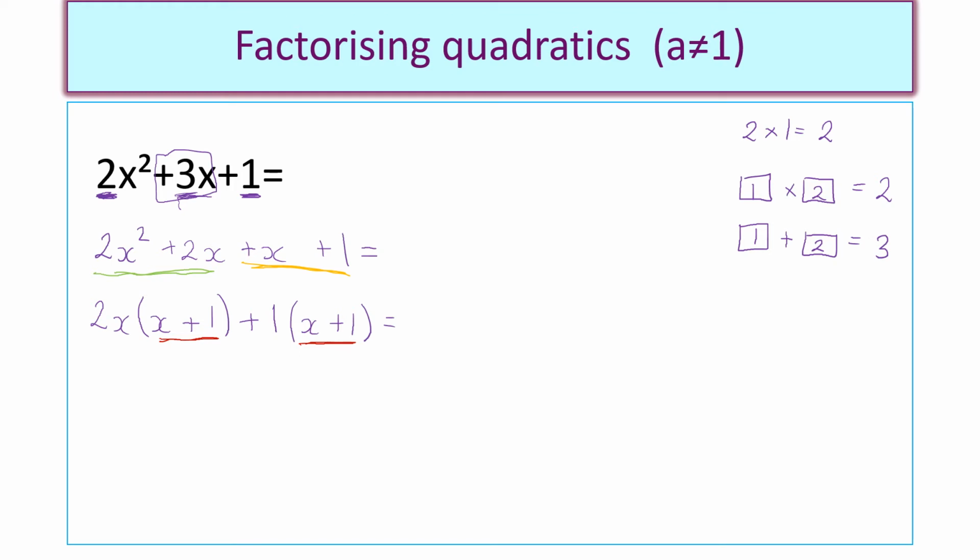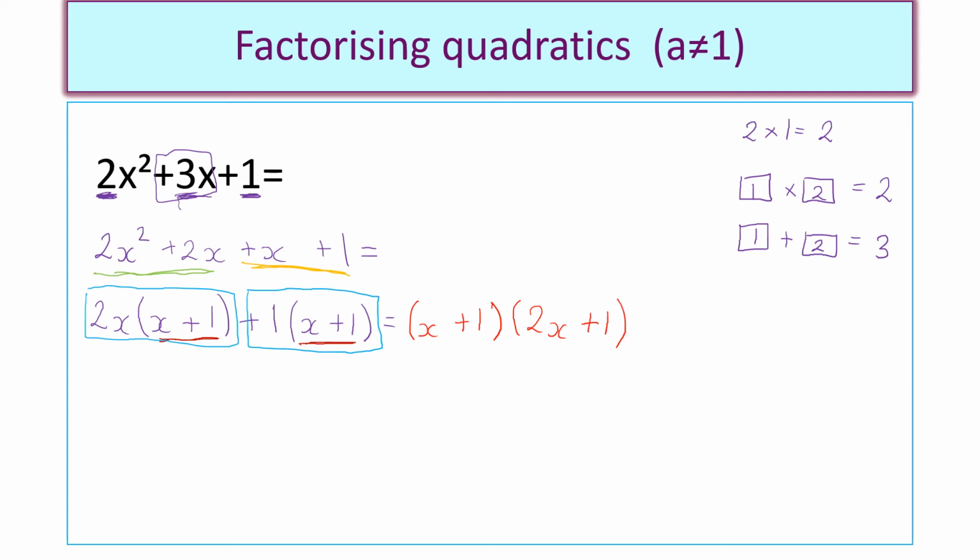You can see that both parts have the same bracket, so the bracket becomes the factor. So I have x plus 1, and then from the first expression I've got 2x left, and from the second expression I've got plus 1 left, and that's my answer.